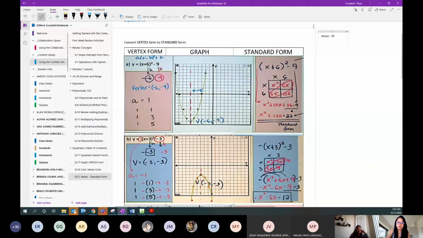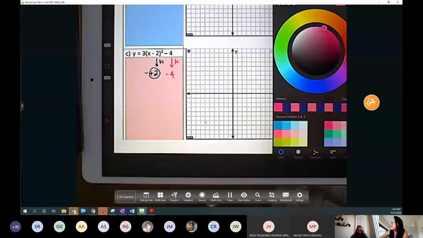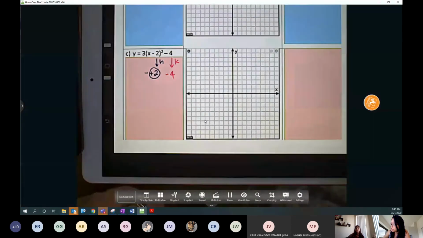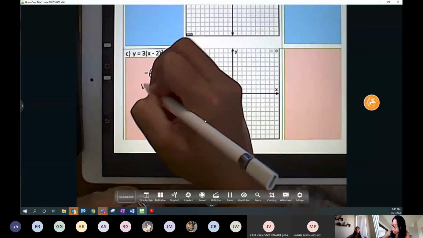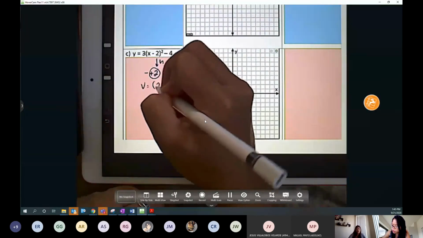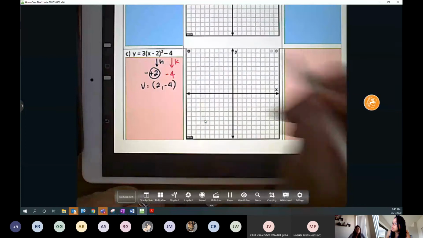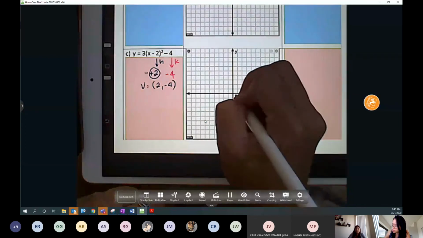All right. So now that we have a vertex, 2 comma negative 4, we're gonna graph it.